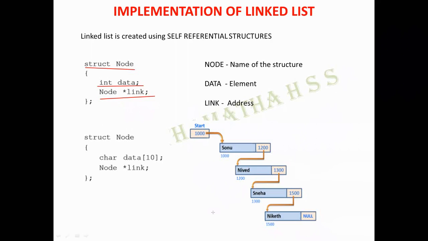Again, in that structure itself, you have node star link. We know the start is the particular point where we are starting, and the address is there. We are creating a node here.